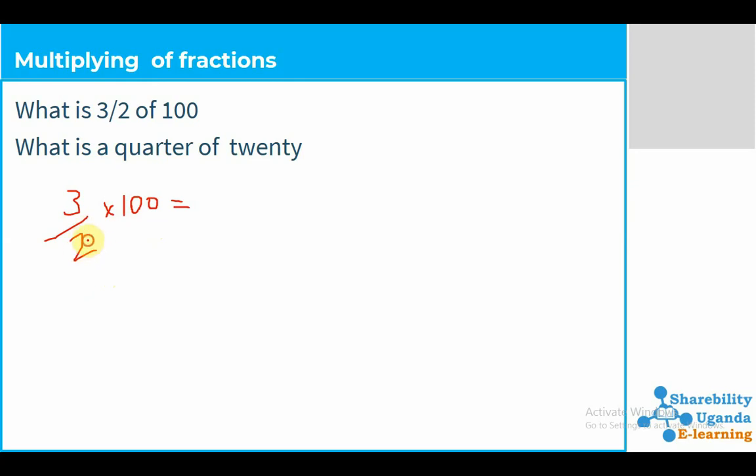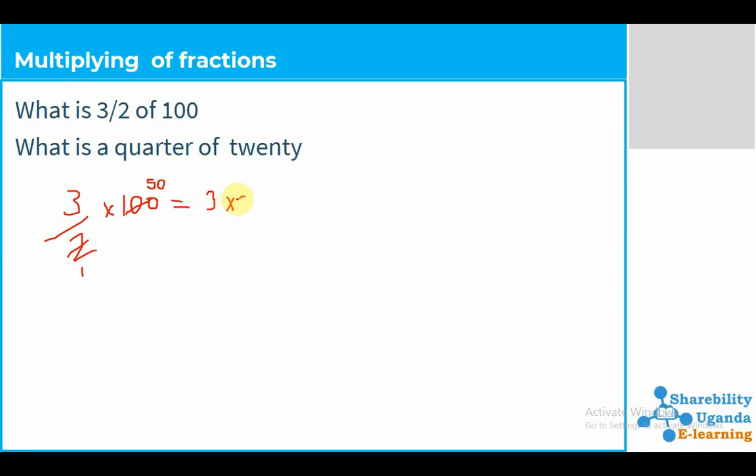So here you can say divide by 2, which is 1. 100 divided by 2 shall be 50, not so? So there we shall be able to get our answer as 3 times 50.